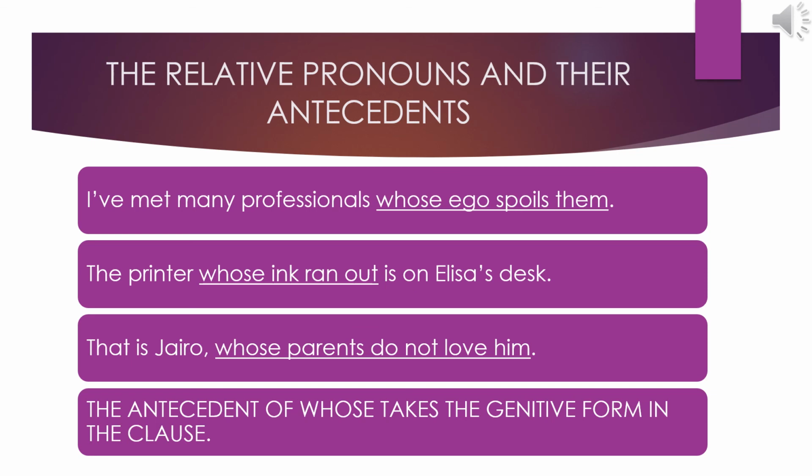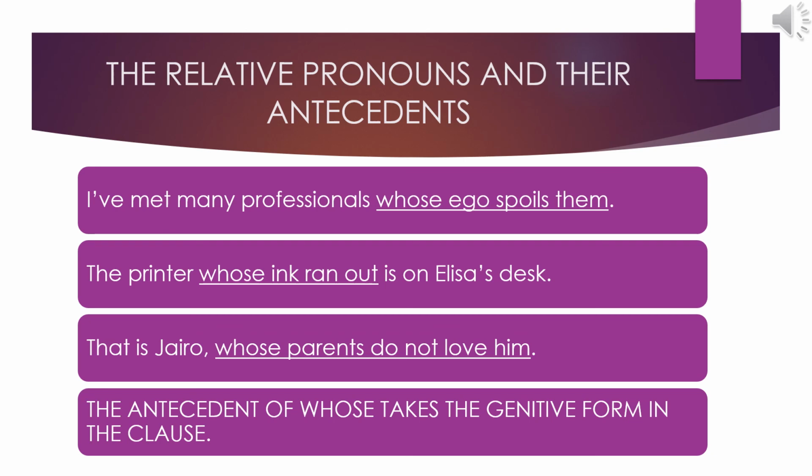One more example. That is Jairo, whose parents do not love him. Now, here we're using a person again, and the antecedent is Jairo. The antecedent for whose is Jairo, but because whose exhibits a function of genitive, we are going to use the antecedent in the genitive form.